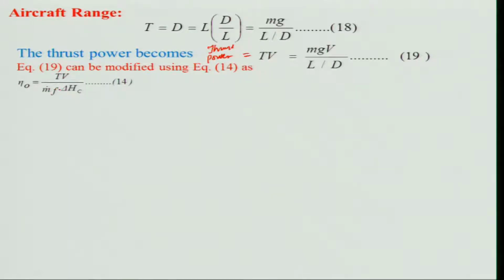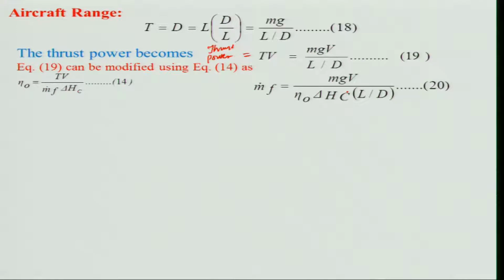So, what will we be using? We will be clubbing this together, and what I will get, in place of TV, I can write eta overall into m dot f delta SC. Then I can write m dot f is equal to mgV by eta delta SC L by D. So, in place of TV I am writing this, and it comes out of this. What is it saying?